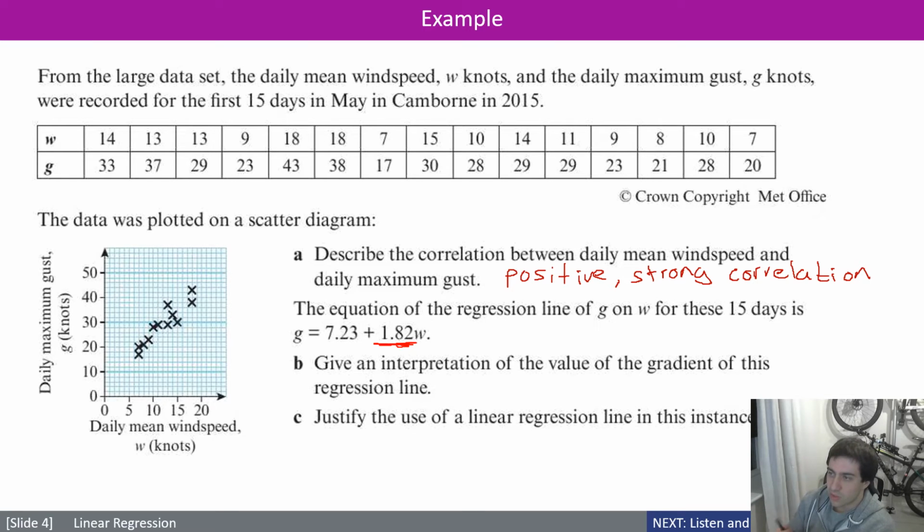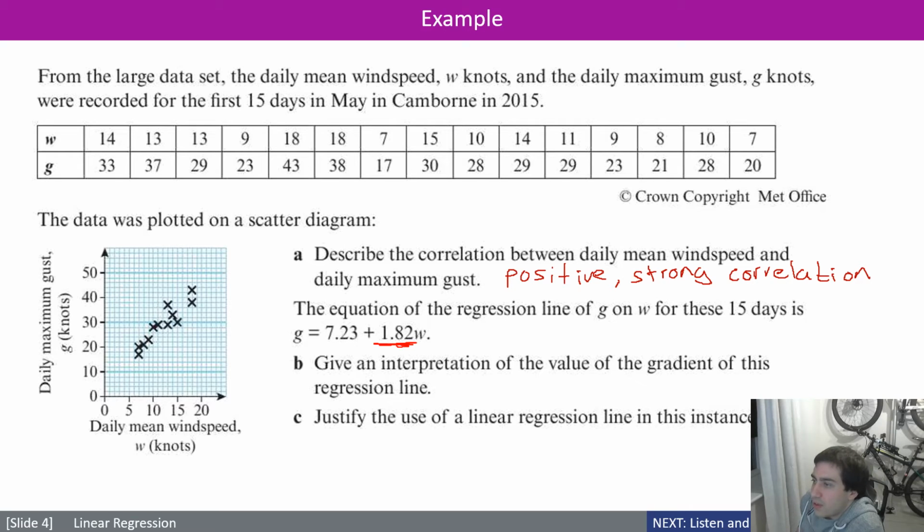So in this case, we'd be saying, for instance, if the daily wind speed increases by 1 knot, then the maximum gust increases by 1.82. You're basically just rephrasing what a gradient is, but you're putting it into the context of this particular sort of data sampling.